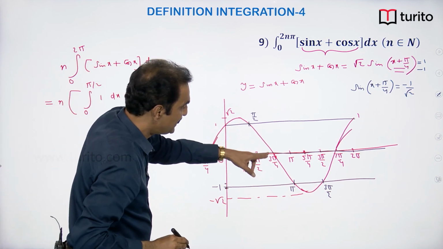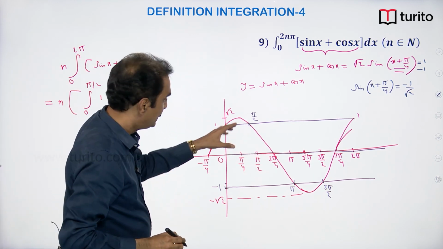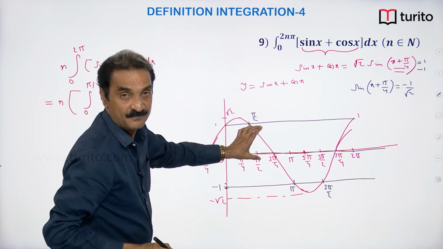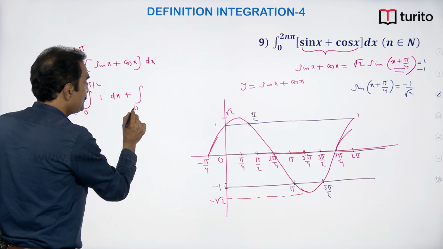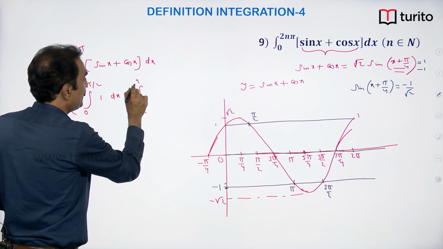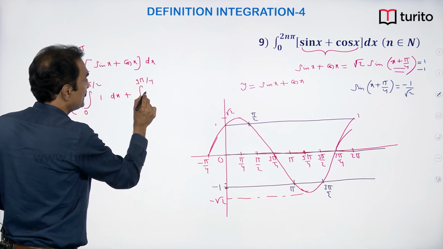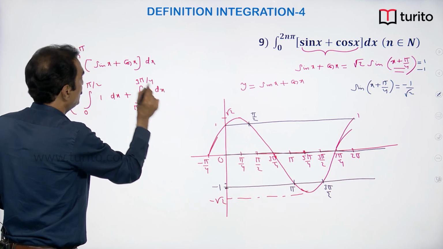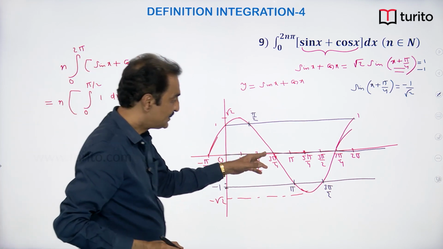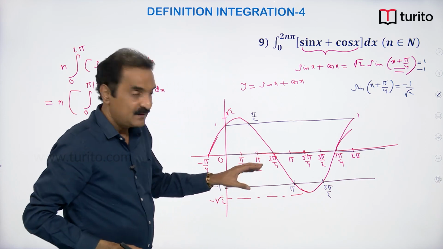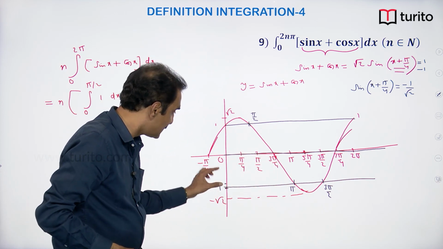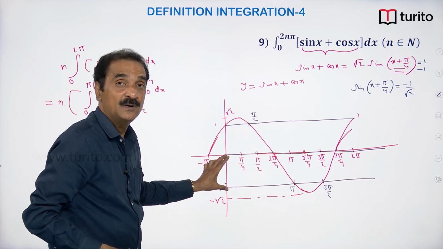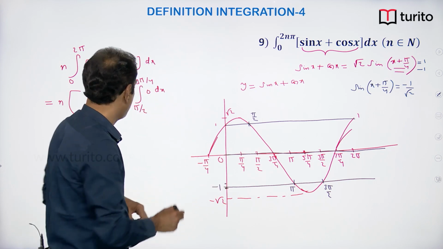Next, from pi by 2 to 3 pi by 4, it lies between 0 and 1, integral part is 0. Next, 3 pi by 4 to pi: if x lies between 3 pi by 4 and pi, sin x plus cos x lies between minus 1 and 0, then the integral part will be minus 1.